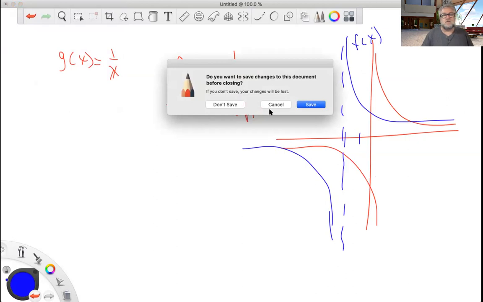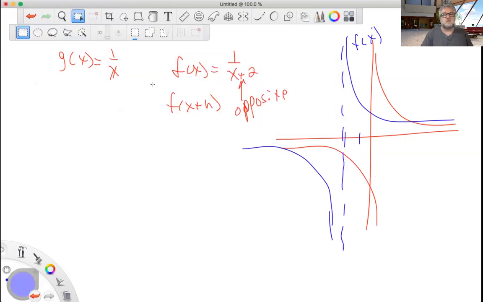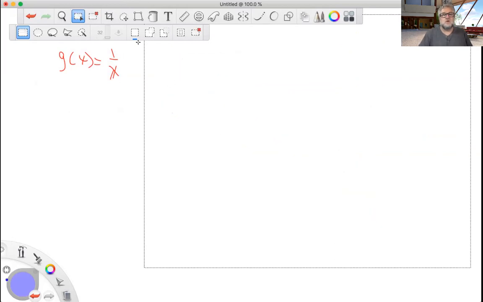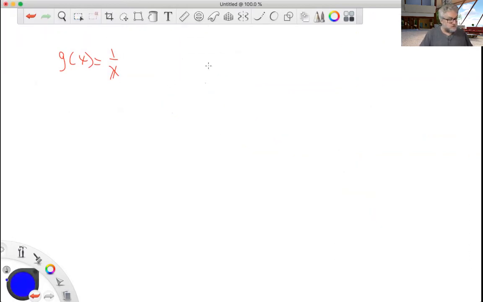Now, what if, oh wait, let's not do that. Let's do this. So what if h of x is 3 over 2x? Well, oh, no, that's not right. 3 over x plus 2.